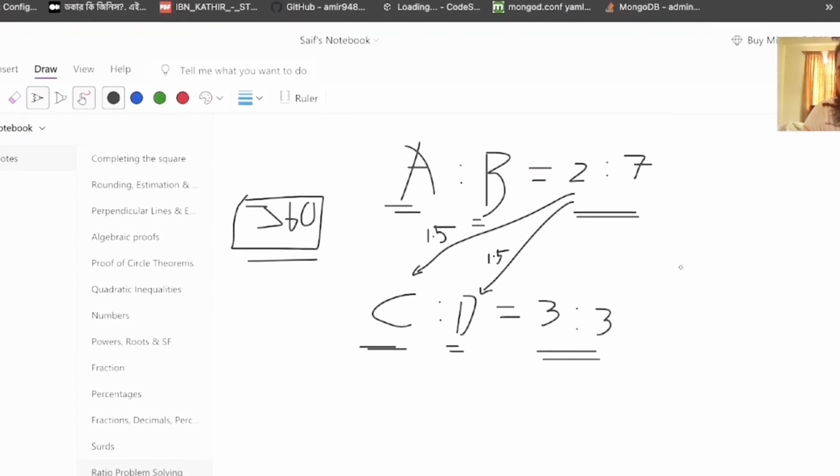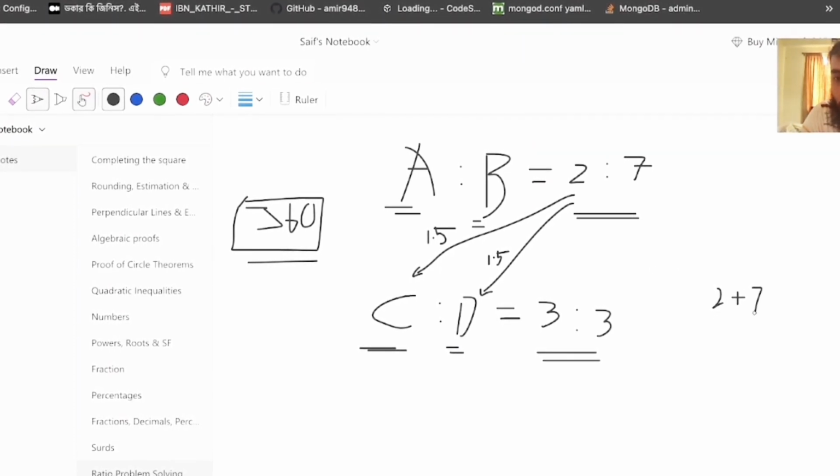So if I add all the ratios, we get the total in terms of ratio: 2 plus 7 plus 3 plus 3. This is 9 and 6, which is 15. So 15 is the total amount of money in terms of ratio.